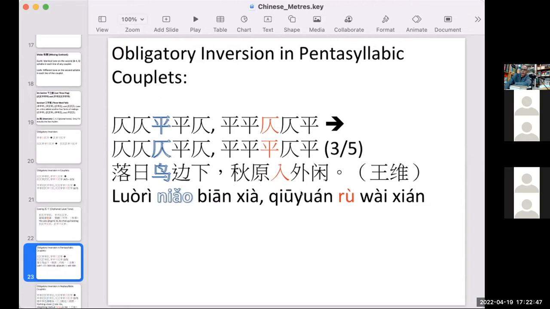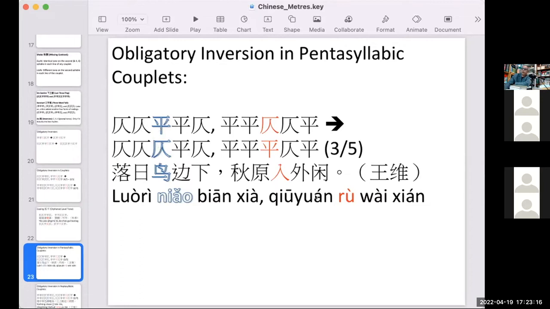Here is a line by Wang Wei. You can check the line. Zi, zi, ping, zi, zi, ping, zi. No, 3 zi. Lower ru. I forgot, I missed that ru. So lower ru niao, meaning 3 zi. So he changed it from zi, zi, ping into zi, zi, zi.